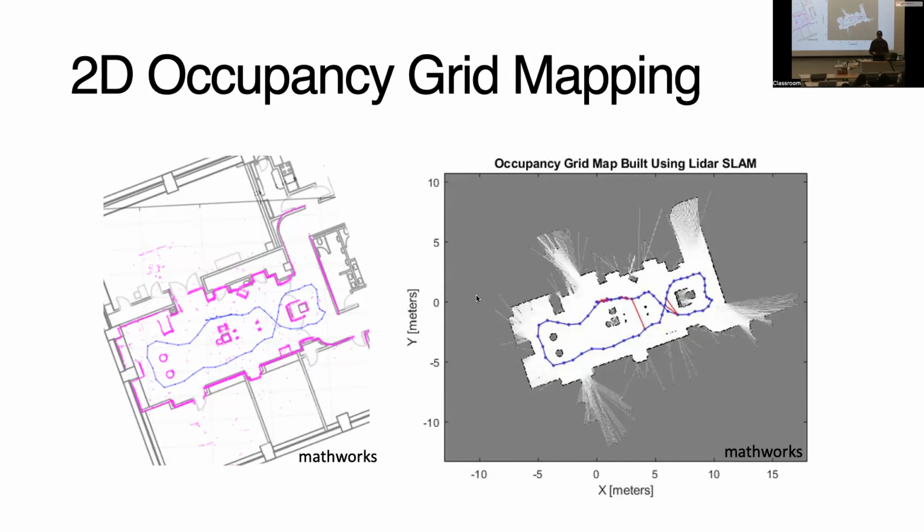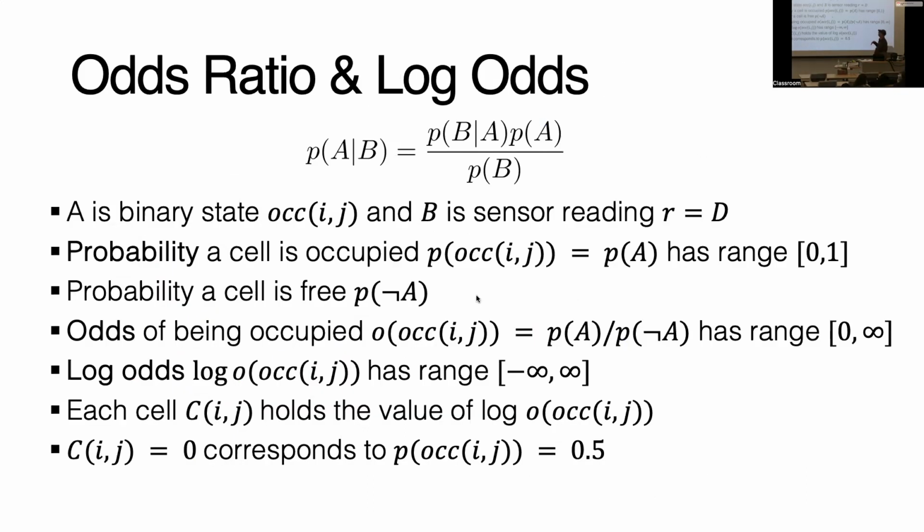And so the better way to analyze this, instead of using the probabilities, is to use what we call log odds. The probability that it is occupied is the probability of A. Then the probability that it's free is just the inverse of that, so the probability of not A. And so the odds of it being occupied is going to be the ratio of the two, right?